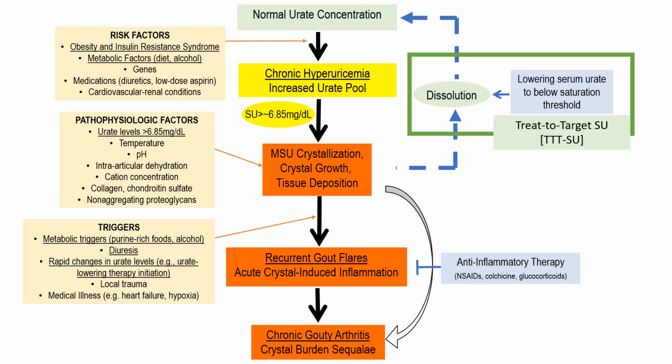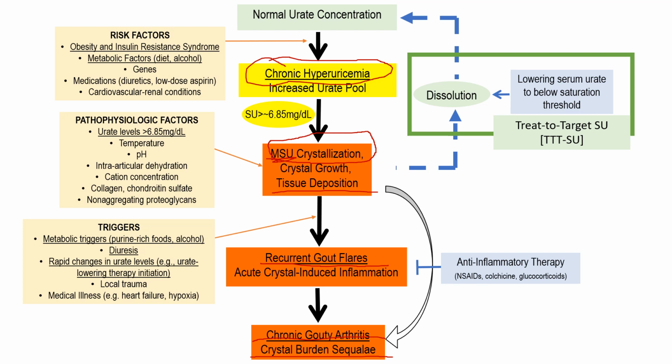This treat-to-target serum urate, abbreviated as TTT-SU, is based on the known key pathogenetic factor of gout, chronic hyperuricemia, which leads to monosodium urate crystallization, abbreviated as MSU, and a tissue deposition of crystals, eventually leading to recurrent gout flares and chronic arthritis with crystal burden sequelae such as tophus deposition.